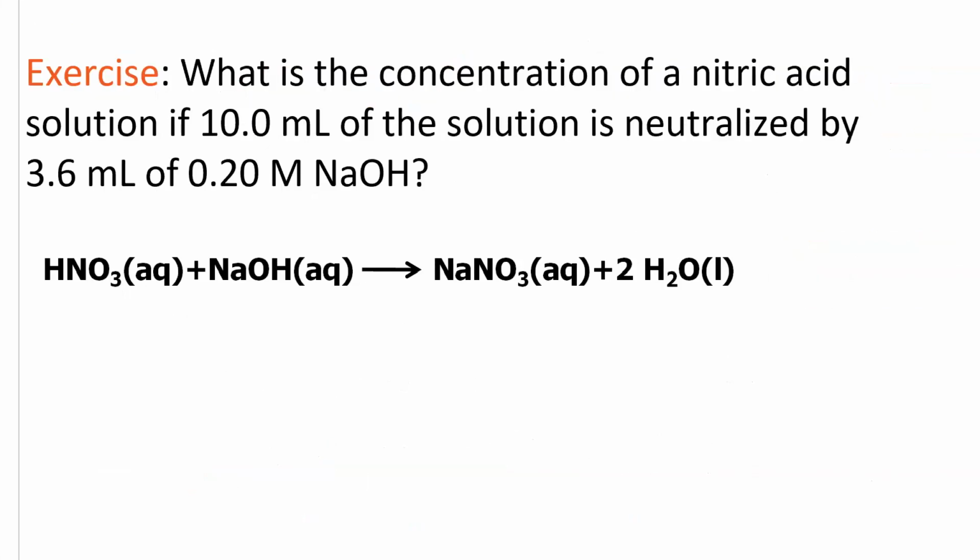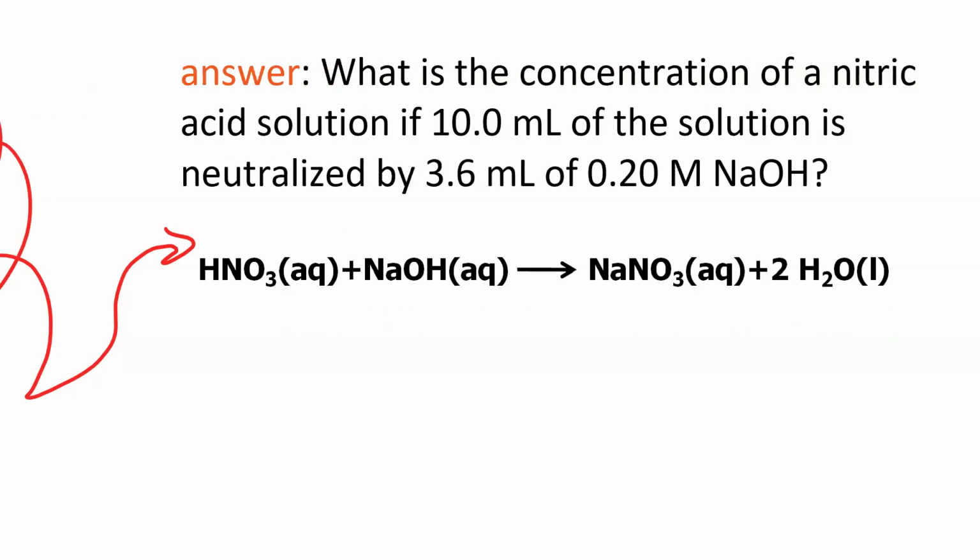Here's an exercise for you to try. Pause your video and work out the answer. When you've got it, unpause and check what you got against what I got. So here the nitric acid solution is the unknown. So I want to find the molarity of the acid.